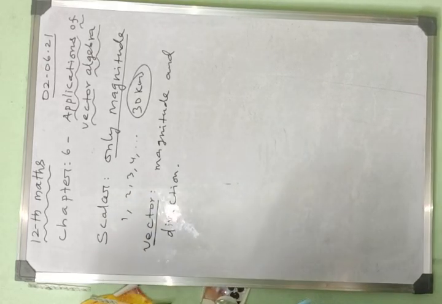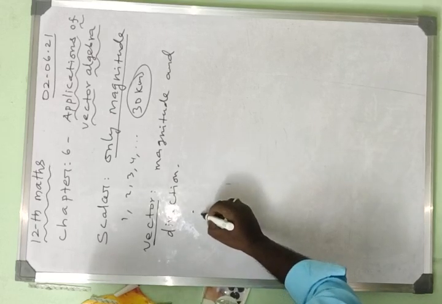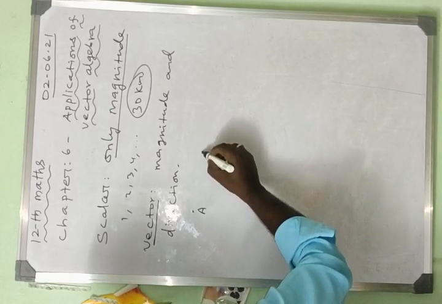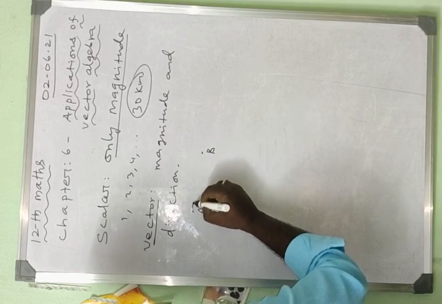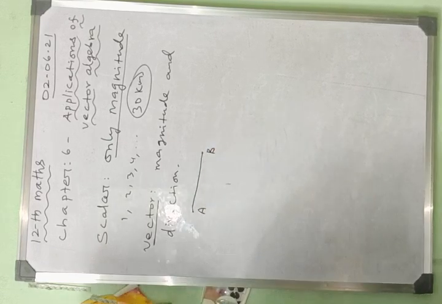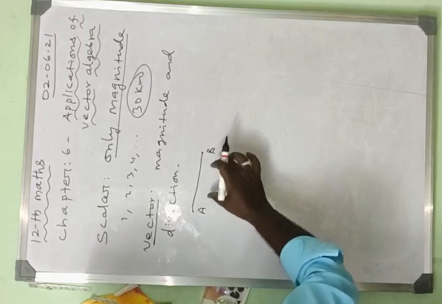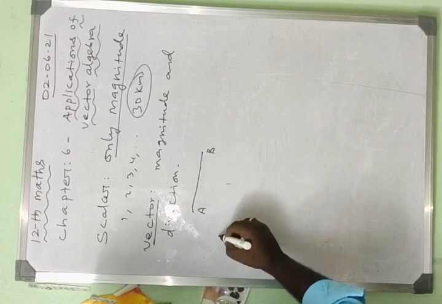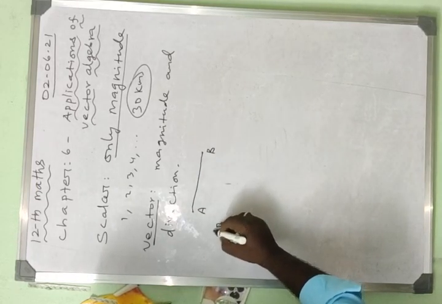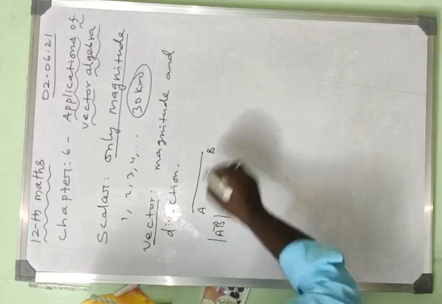So for example, we can take here starting point A. This is ending point B, like this given. We joined both points. This is our line segment. Suppose for example, this length of the AB. We find length of the AB means we get vector AB, mod of vector AB. This is length of the AB line segment.